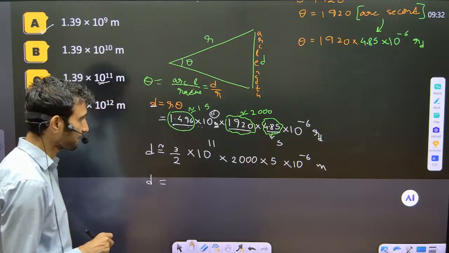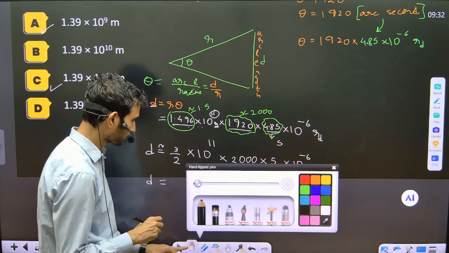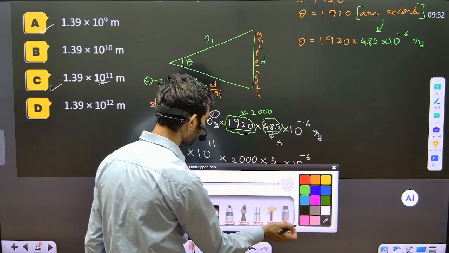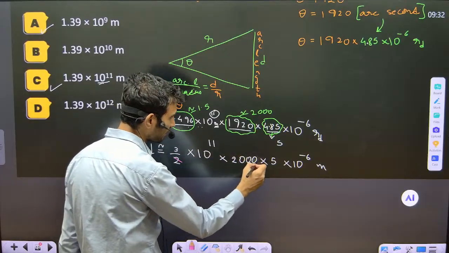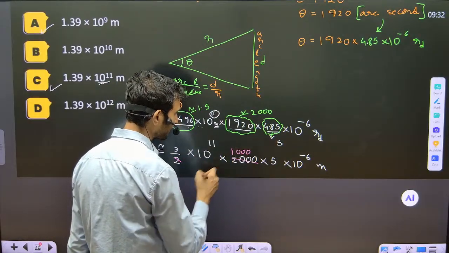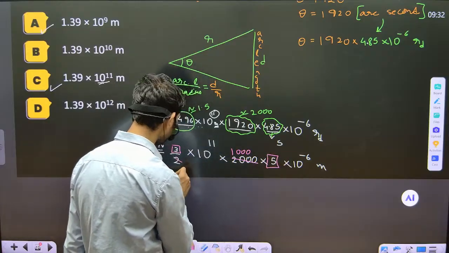So let's see what it comes out to be. So this 2 gets cancelled with this, making 1000 here.